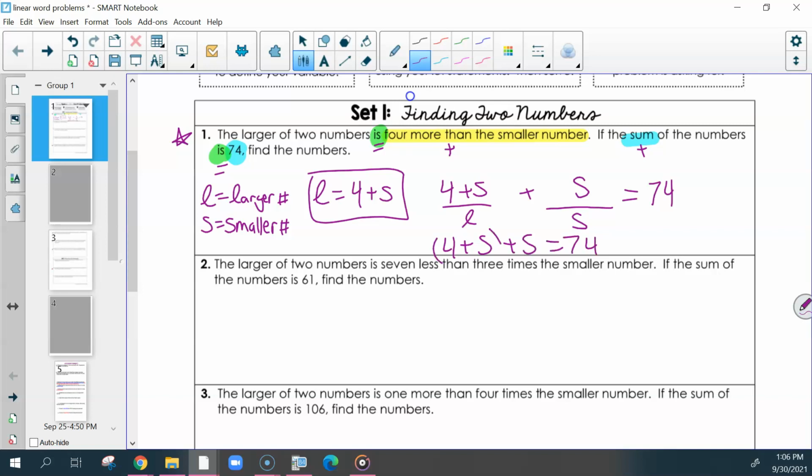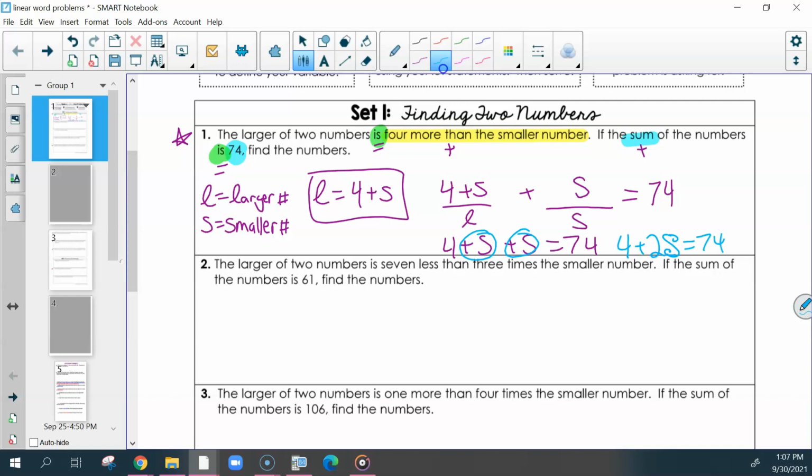So this part was my L. I'm adding S, and whatever this equals should be 74. I'm going to get rid of these parentheses now. Well, now I have an equation, and I can solve it. I can combine these like terms. Now I have 4 plus 2S equals 74. Trying to make it look more like an S. I don't know if that made it better or worse.